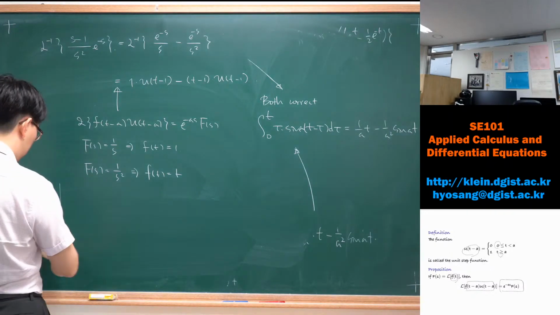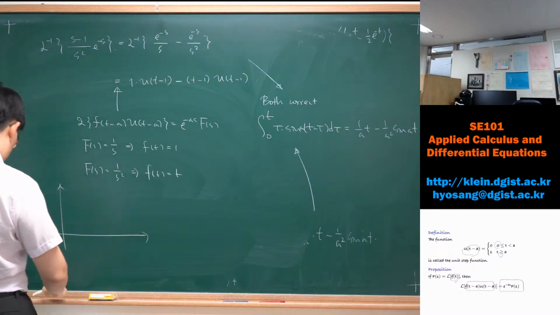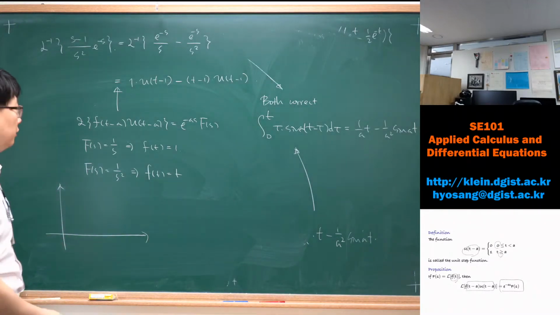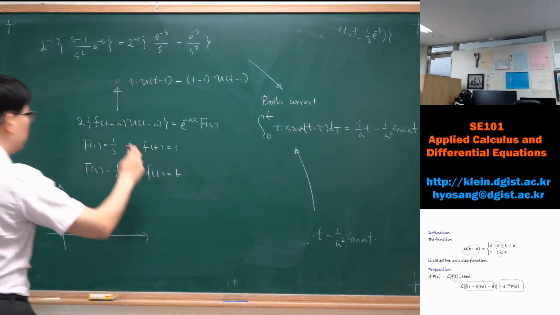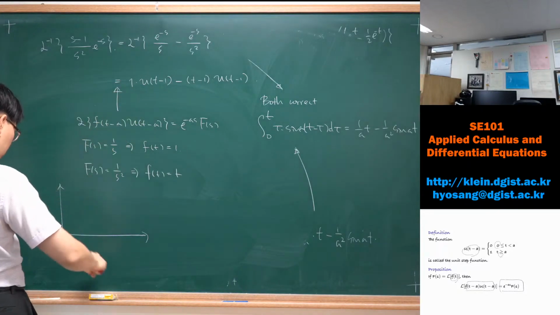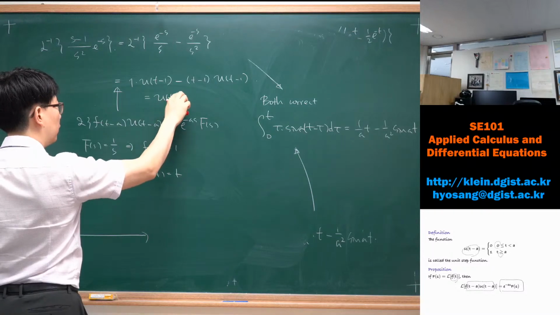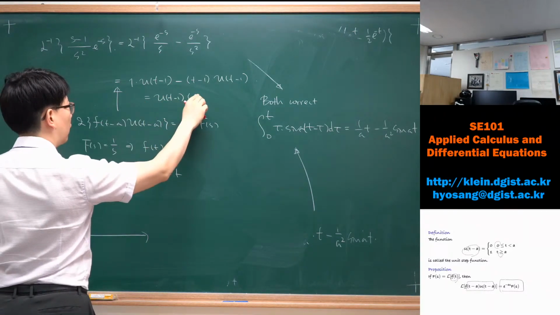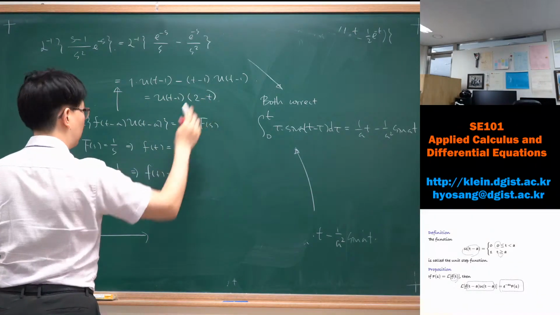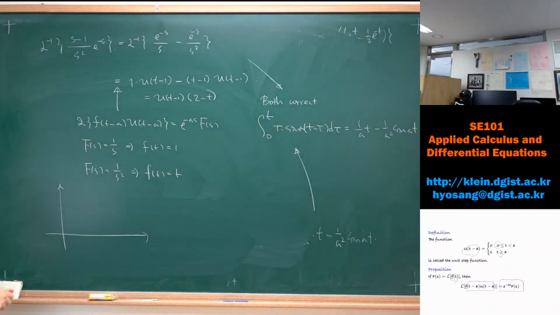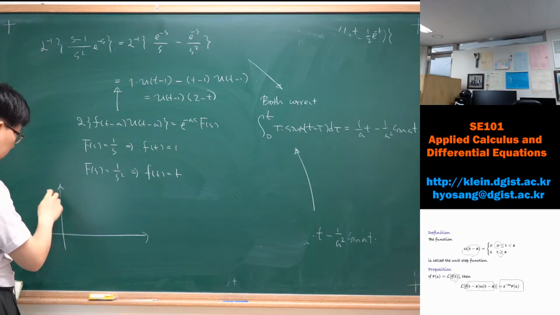Just for your information, let's try to draw this function. You can combine these two because it only has u of t minus 1. And then you get 2 minus t, right?